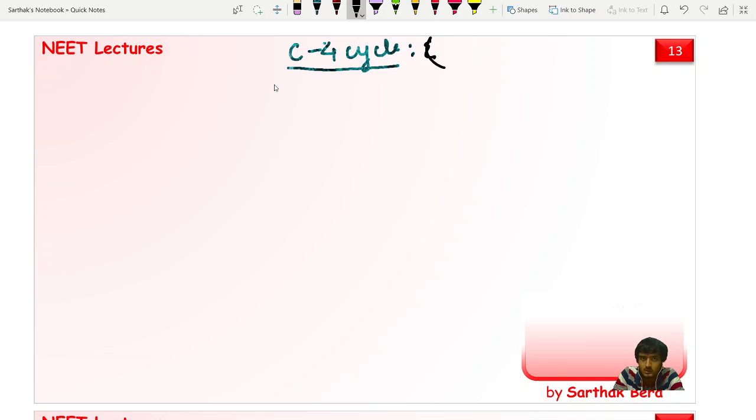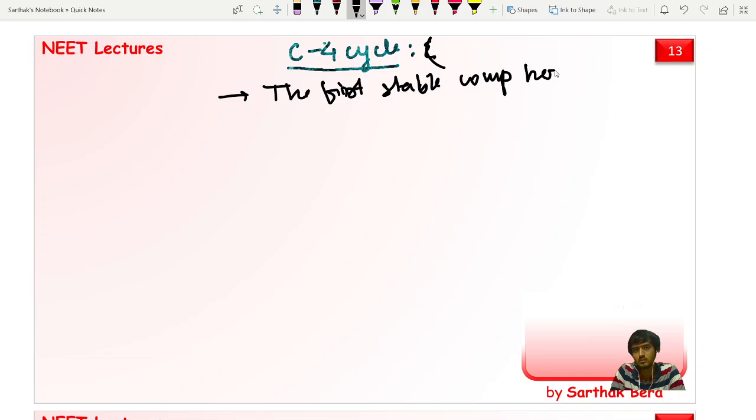I am writing it here. The first stable compound here is a 4 carbon acid, and the name of the acid is oxaloacetic acid, OAA.